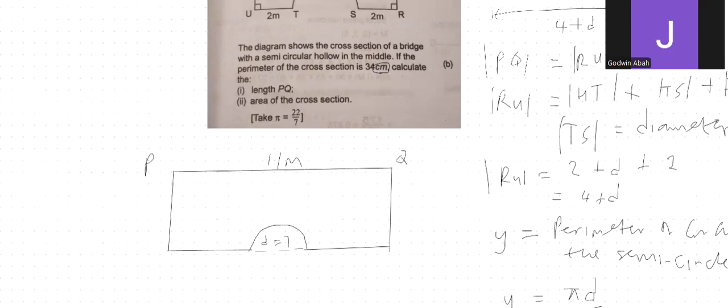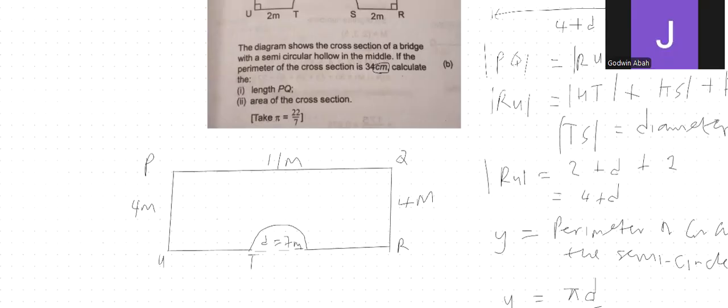This is 4 meters. This one is R, so this is also 4 meters. This is U, this is T, and this is S.